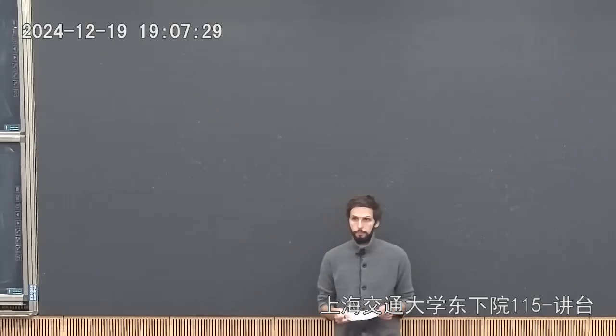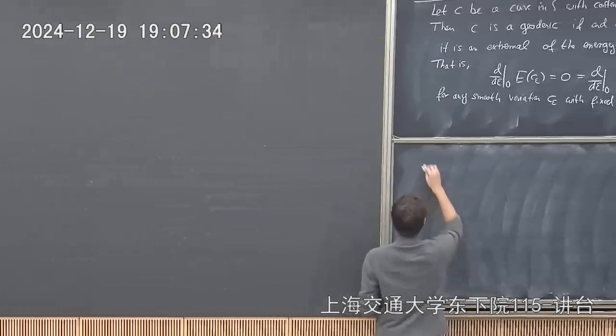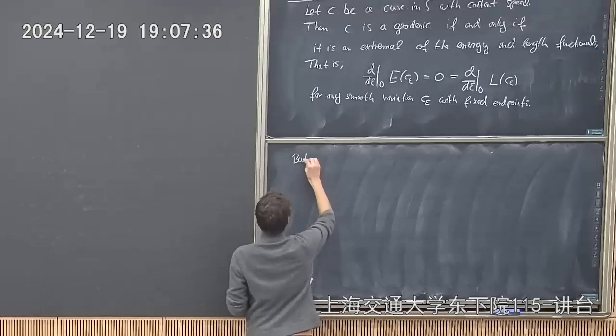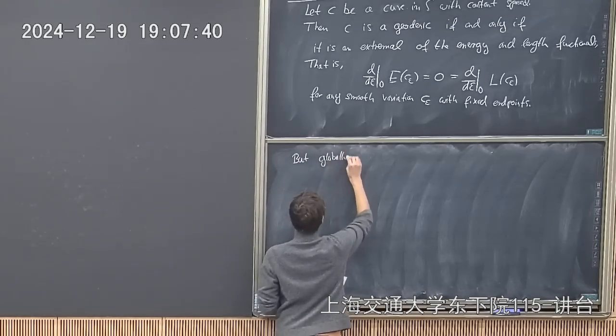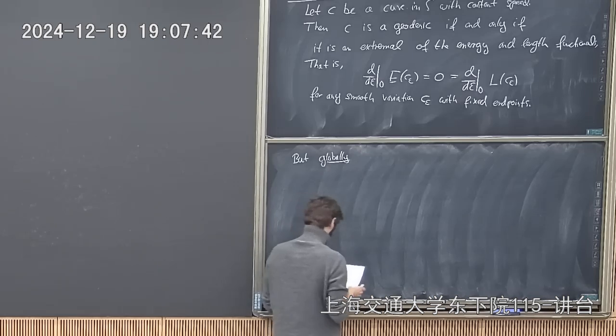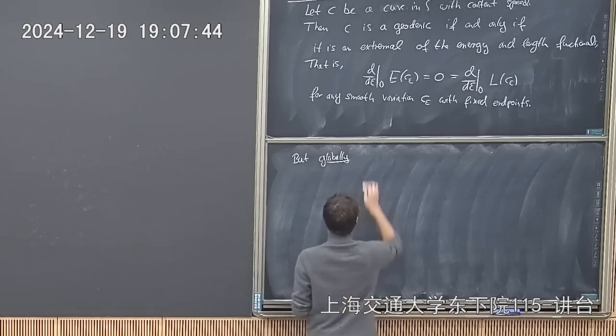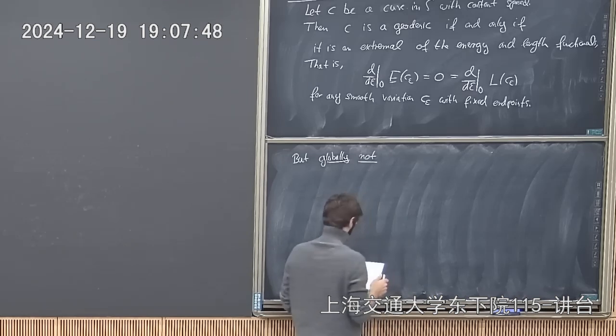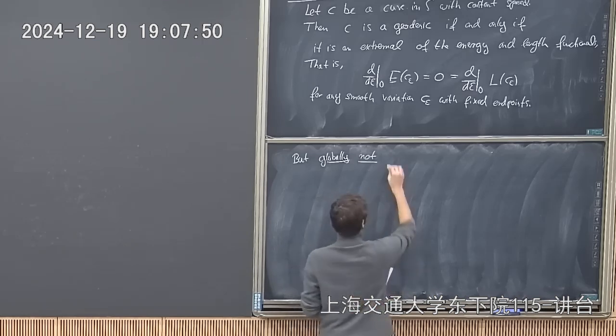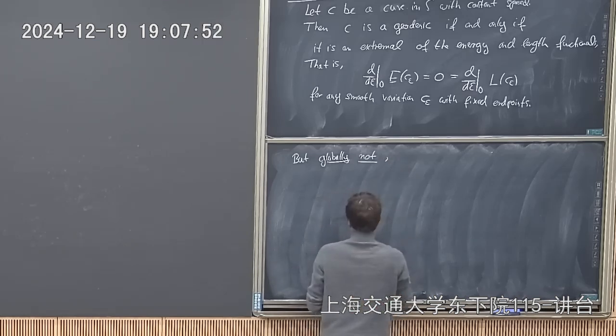So one example would be the sphere. Globally, it doesn't have to be the minimizer.